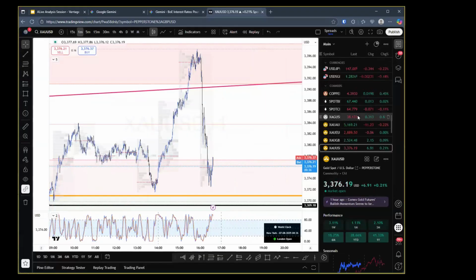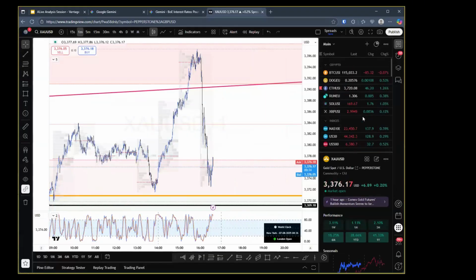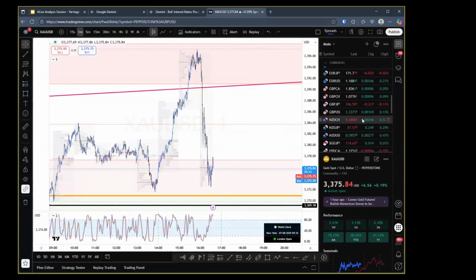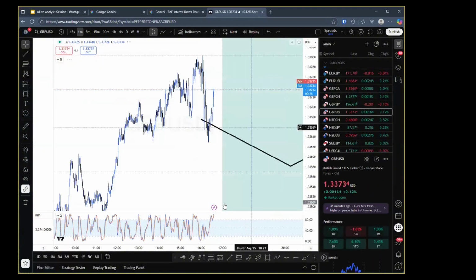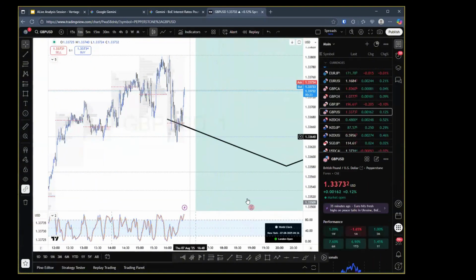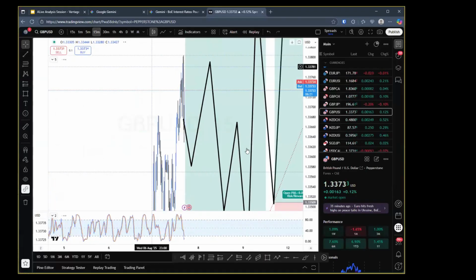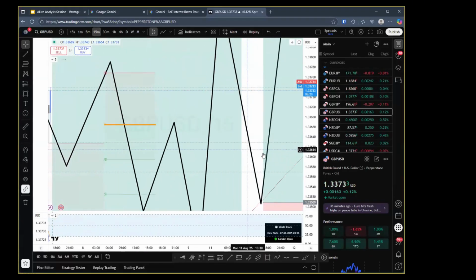So any factors that mean a push to 1.35? If you're looking at macro, this is your pound dollar, 15 minutes.